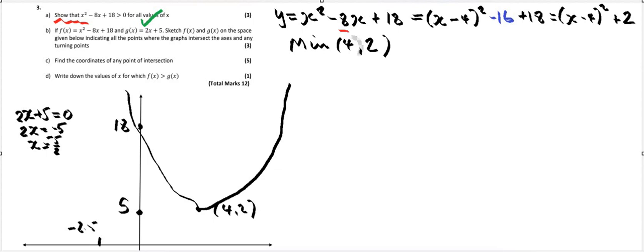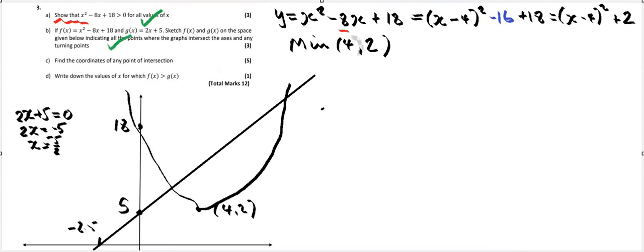Then I'll put my linear graph in. That's my linear graph. Now I've got to put in any points of intersection. I've got my x-intercept, I've got my y-intercepts, and I've got my minimum point here, which is my turning point. So I've done B.